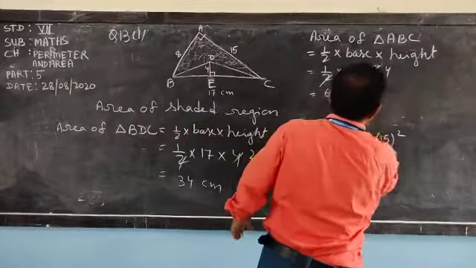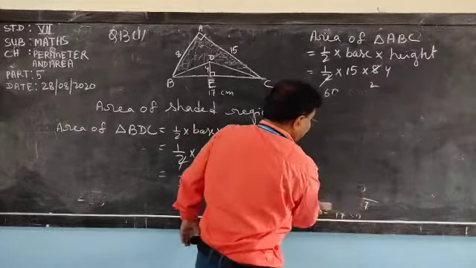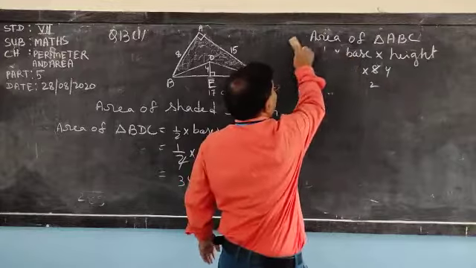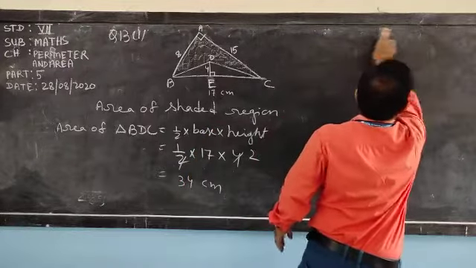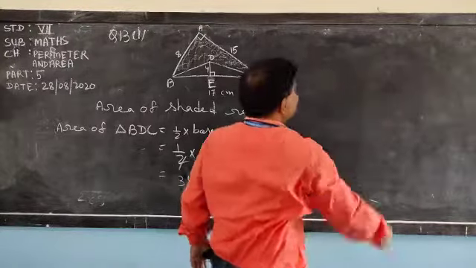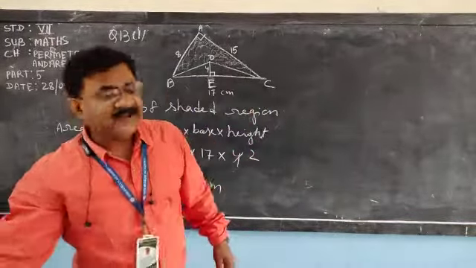Dear children, to find the area of the shaded region, what will we do? We will subtract the unshaded region from the total.